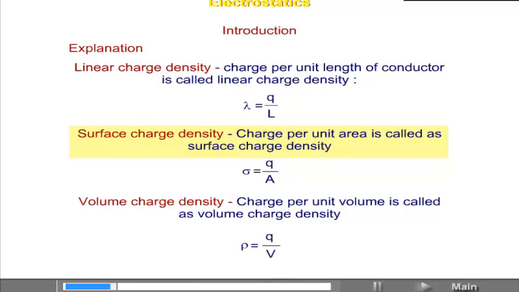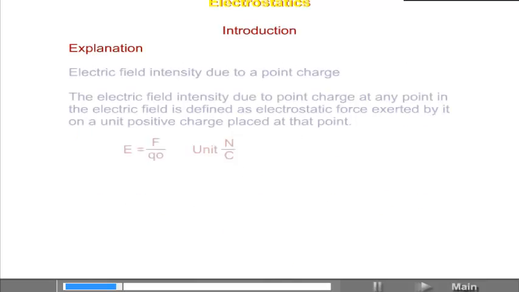Surface charge density: charge per unit area is called surface charge density. σ = Q/A. Volume charge density: charge per unit volume is called volume charge density. ρ = Q/V.